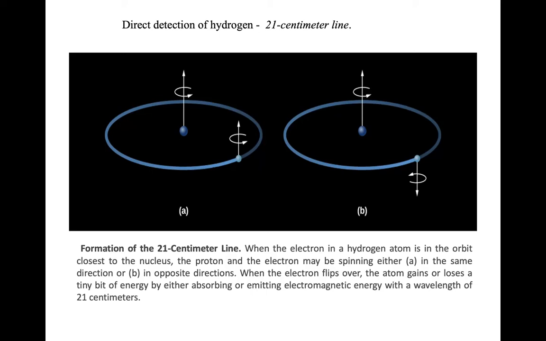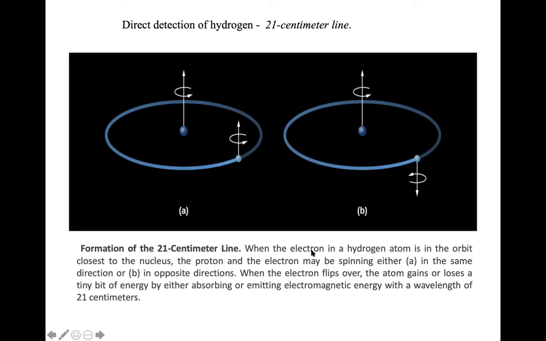This energy is gained or lost by absorbing or emitting some electromagnetic energy, and this corresponds to a wavelength of 21 centimeters. That is why it is called the 21 centimeter line, right?